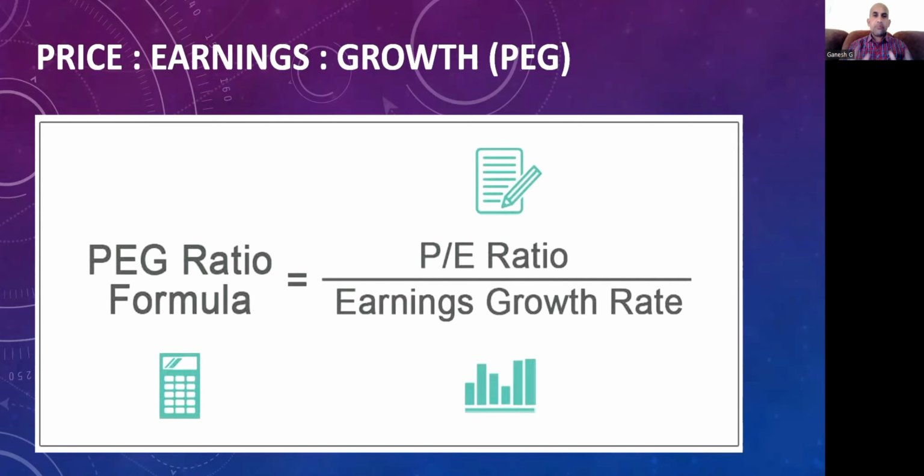Of course, these PE ratios differ from sector to sector. For the banking sector, PE ratio would be 20 plus or minus 1. For IT stocks, the PE ratio would again be around 20 plus or minus 2. Whereas for the FMCG sector, PE ratio will always be higher, like 50, 60 or 70.